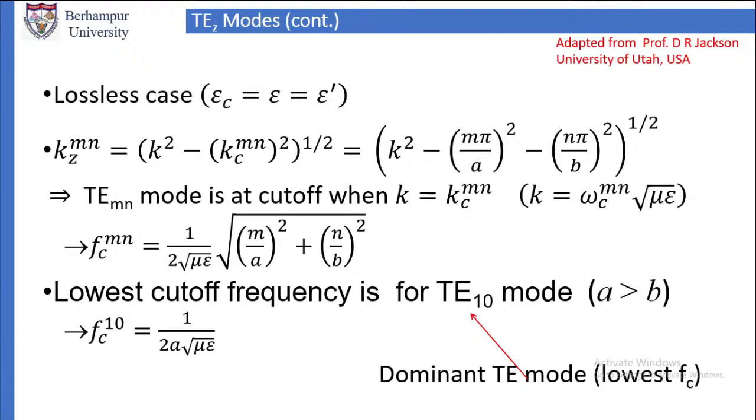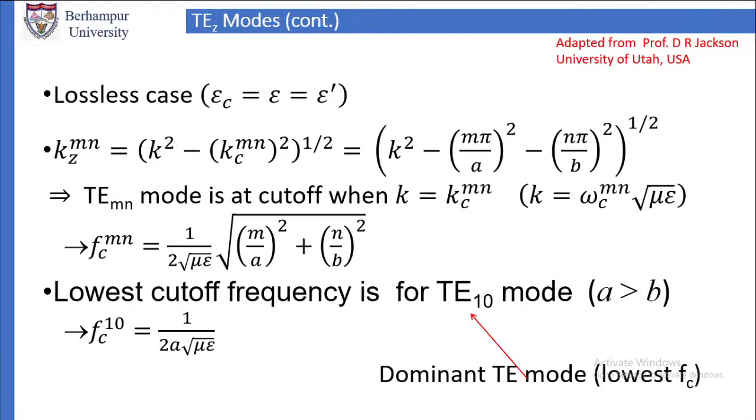Now, in the lossless case, kz in the mode mn is given by, as you know, kz squared is equal to k squared minus kc squared. Now kc squared becomes kc mn squared, which is (m pi by a) squared plus (n pi by b) squared. So put that. So kz is equal to k squared minus (m pi by a) whole squared minus (n pi by b) whole squared, the whole to the power 1 by 2.